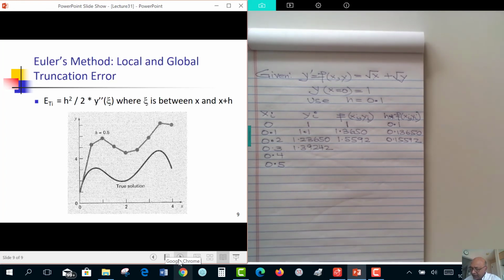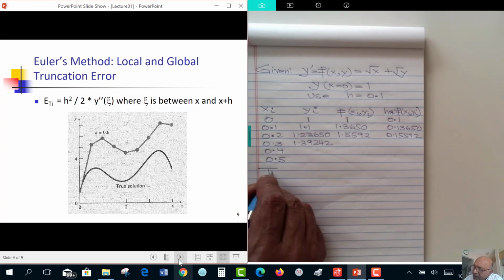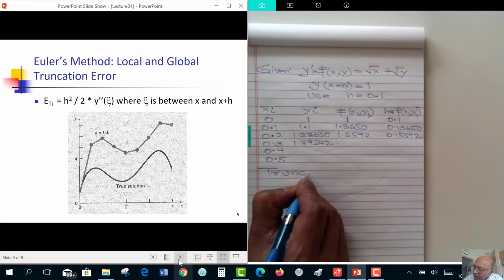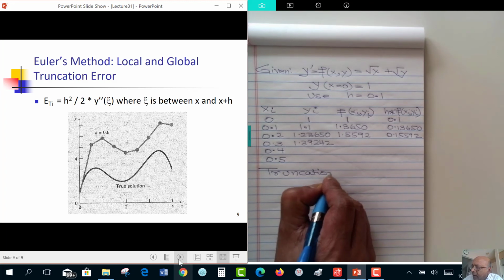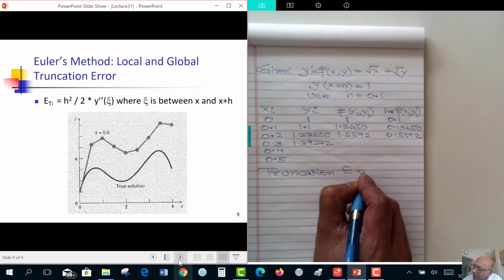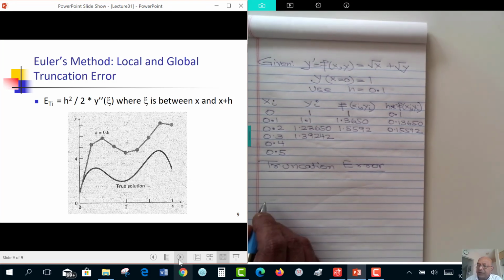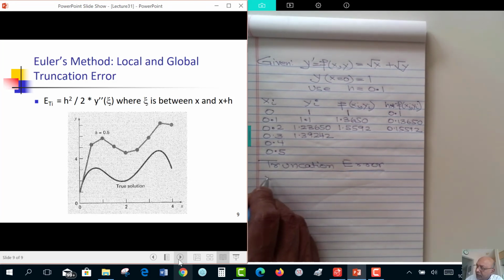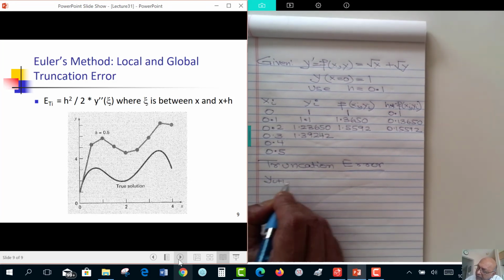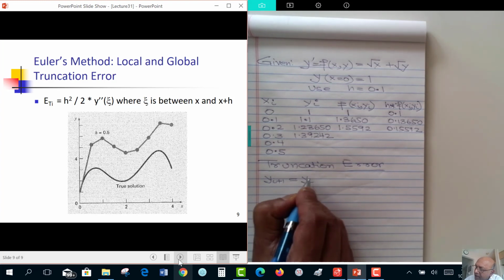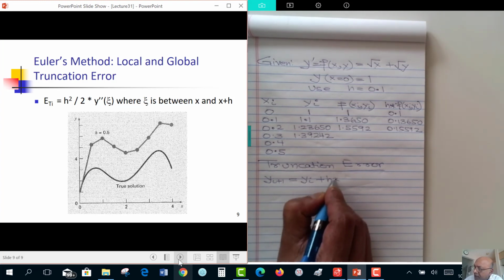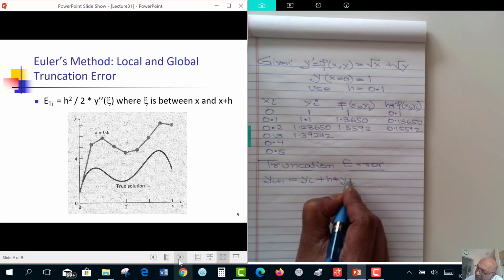All right. So let's see what about our truncation error here. When we look at truncation error, we can derive it very simply from the Taylor series. So from the Taylor series, what do we know? yi plus 1 is yi plus h times yi prime.